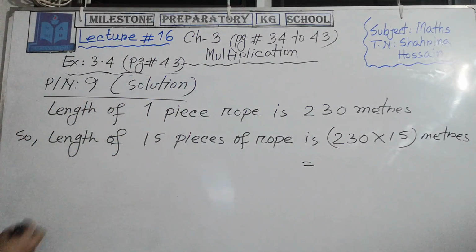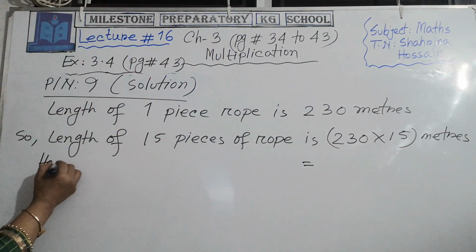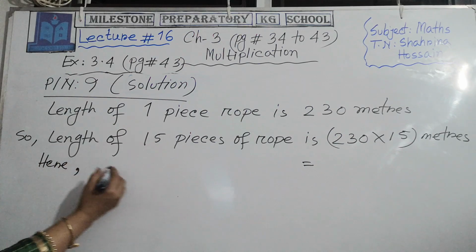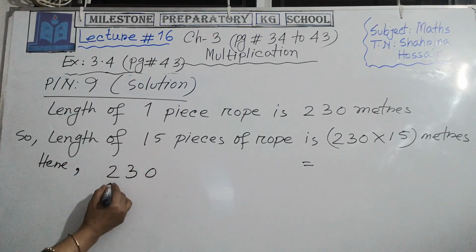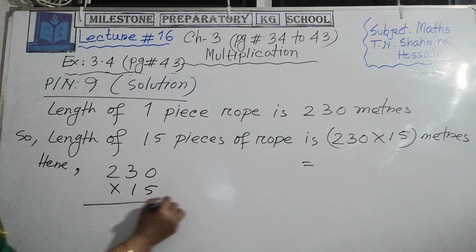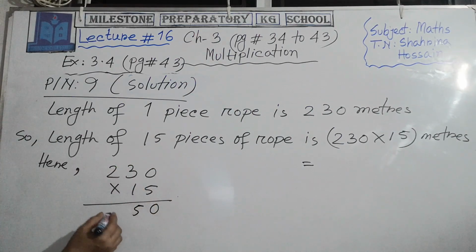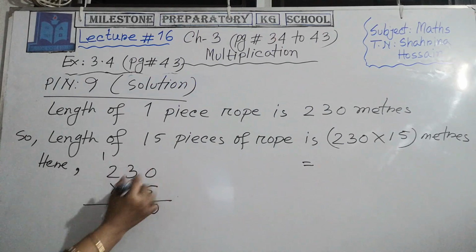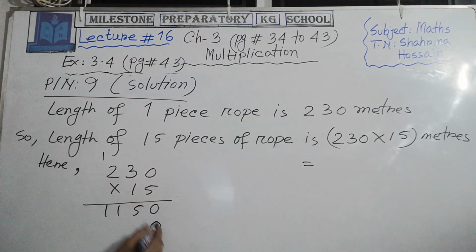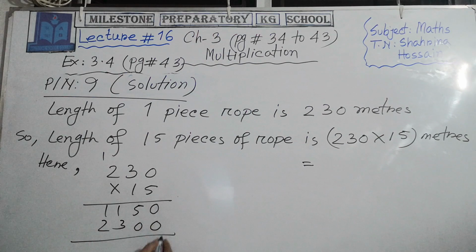Now, how can you find the answer? Here 230 multiplied by 15. 5 zeros are 0, 5 threes are 15, 1 is in our hand, 5 twos are 10 plus 1, 11. Now 1 zeros are 0, 1 threes are 3, 1 twos are 2. 0, 5, 4, 3.